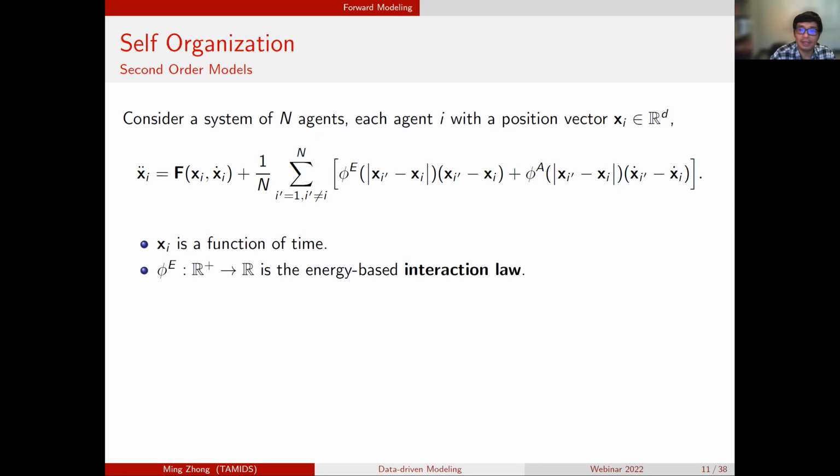Okay. So in this case, we're going to assume that phi E is induced by some kind of energy functional to provide the so-called close range repulsion and long range attraction. And then phi A here provides the alignment interaction law. That means in the middle range, you would just align the pairwise headings.